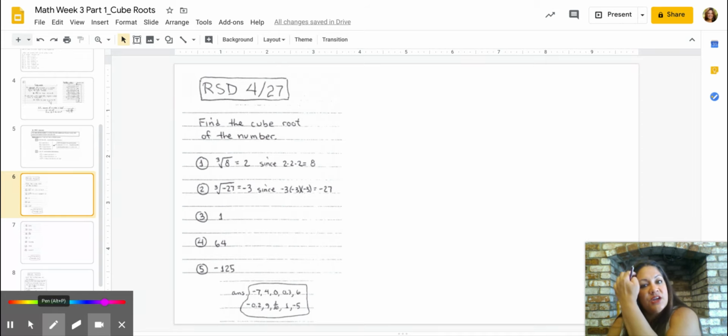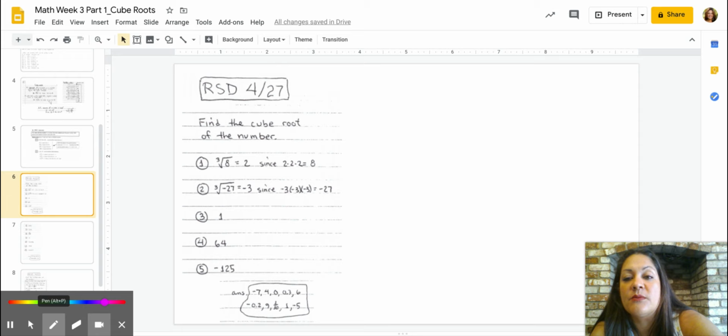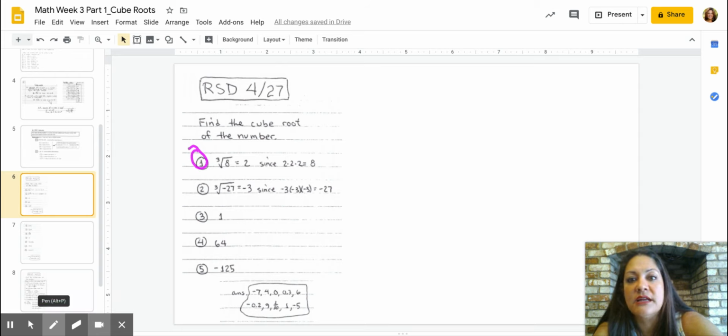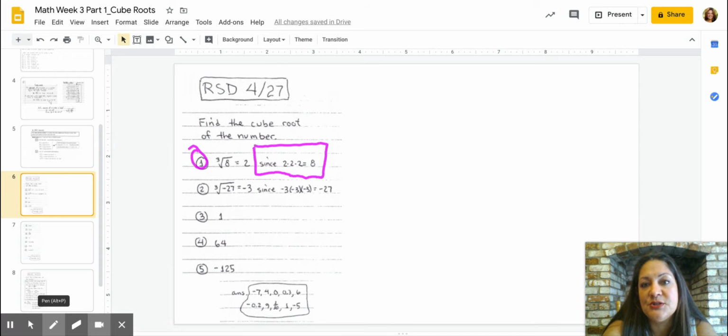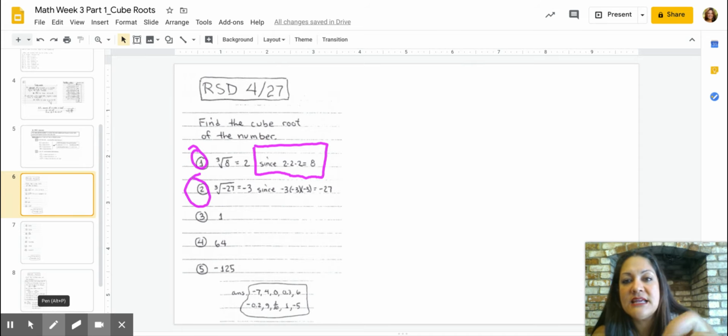Find the cube root of the number. 1 and 2 are done for us, and it's showing what we're expecting to see. Number 1, cube root of 8 equals 2, and here is our answer. It's just how we justify it, since 2 times 2 times 2 equals 8. Number 2, cube root of negative 27 equals negative 3, since, and it tells us the reason why.